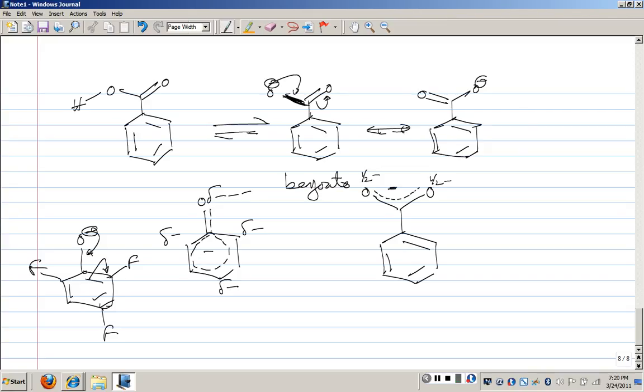So the effectiveness of the charge dispersal is greater in the carboxylate than it is in the phenoxide. As a result, the benzoate is a much, much more stable conjugate base. Therefore, it's a much weaker conjugate base. And therefore, benzoic acid is a stronger acid. Okay? All right, so we'll stop here, and we'll continue in lecture 3.